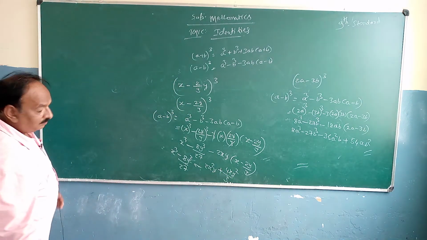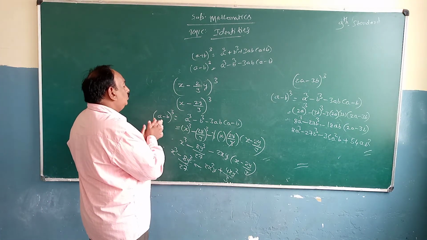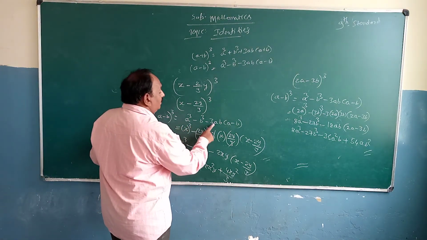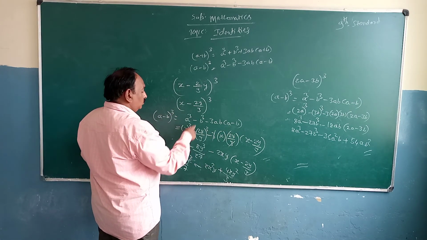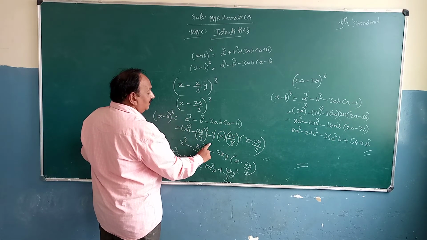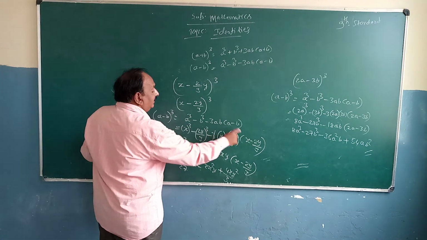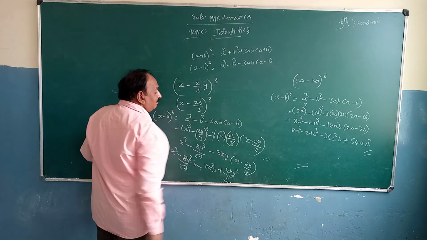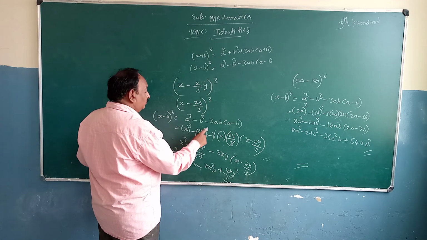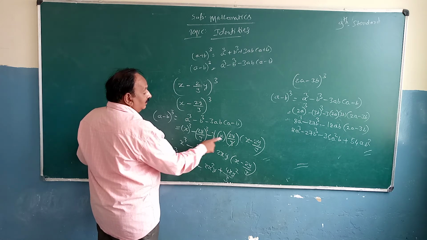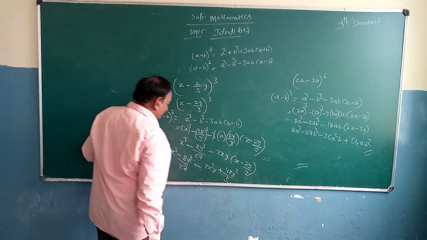So x minus 2 by 3 y whole cube. A minus b whole cube, a cube minus b cube minus 3ab into a minus b, x whole cube, 2y by 3 whole cube, 3 into a is x, b is 2y by 3, into a minus b, x minus 2y by 3. X cube, 2 2s are 4, 4 2s are 8 y cube by 27, 3 and 3 cancel, 2xy into x minus 2y by 3.